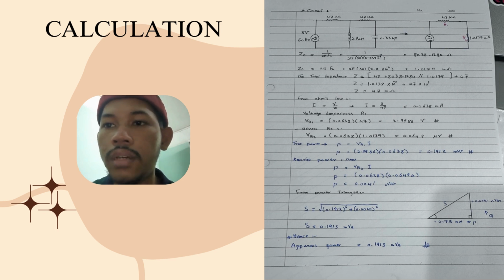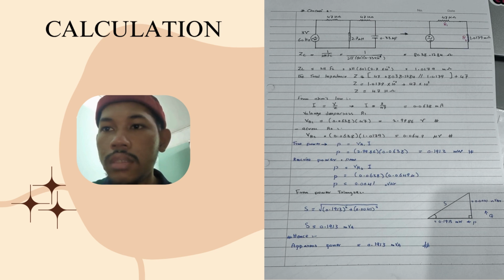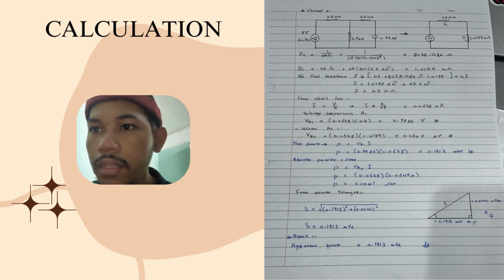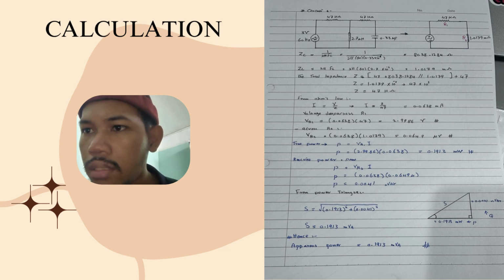So that is VR1. Then the value across R2, VR2, equals the value of current 0.0638 times the inductive impedance value 1.0179 equals 0.0649 microvolt.